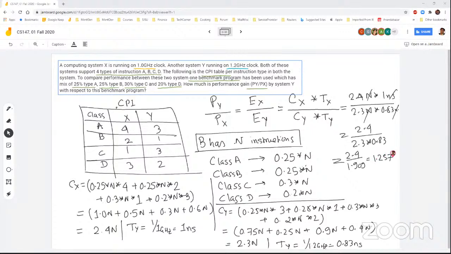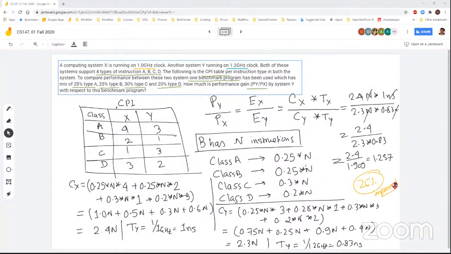So the performance of Y is 1.257x better than the performance of system X, more or less a 26% improvement.